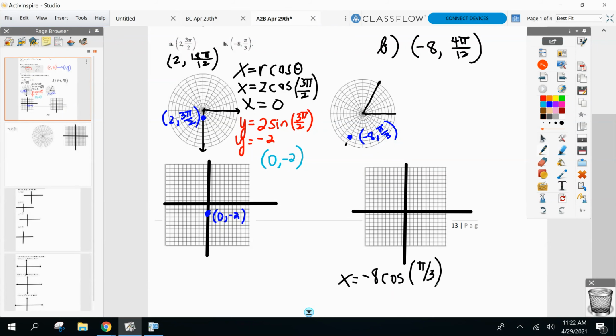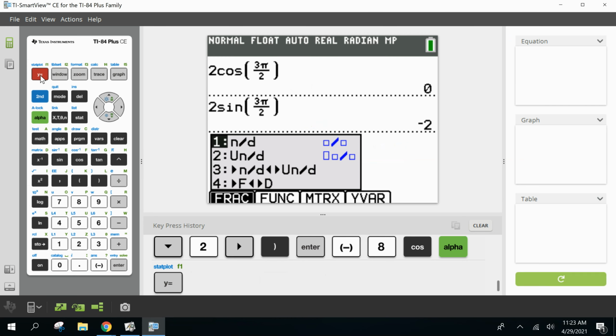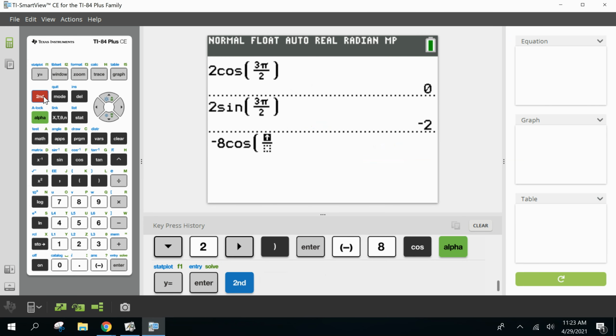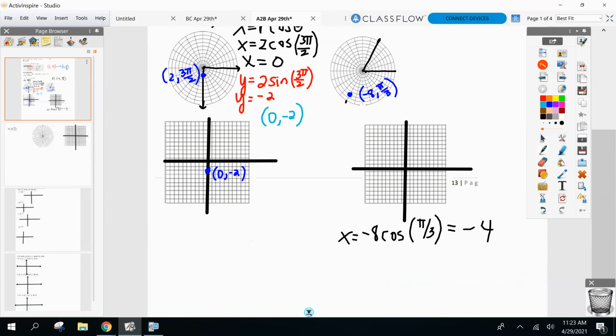Just make sure it's in degrees in your mode. -4 for my x coordinate. Now we're going to start getting to decimals, and I'll tell you what I need you to round to if that's the case.